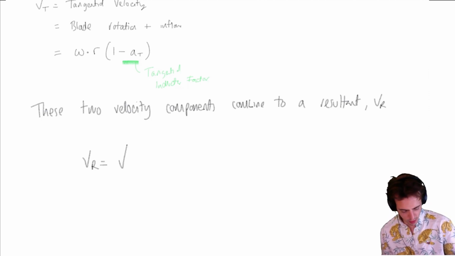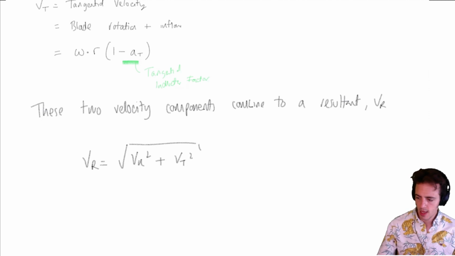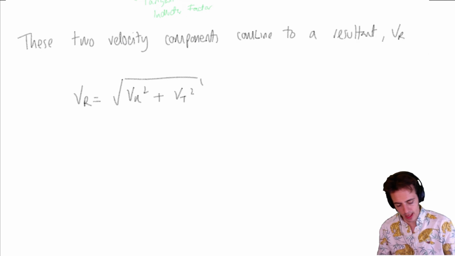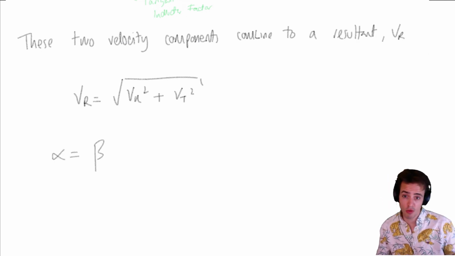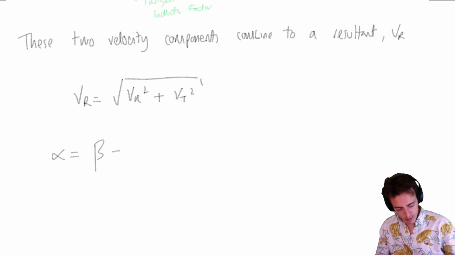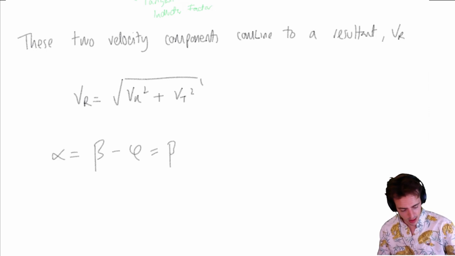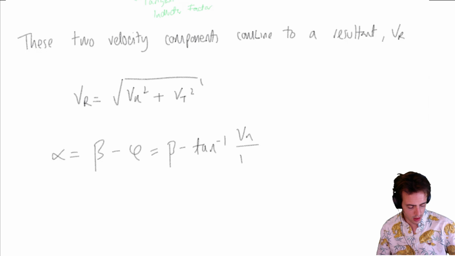VR is therefore equal to the square root of Vn squared plus Vt squared. So it approaches the propeller disc at some angle, and we've already defined what that angle is. So alpha is equal to beta, which is whatever we've set the blade angle at, minus the advance angle, which we've defined as being phi. Sorry, we defined the advance angle as being the arctangent of Vn on Vt.